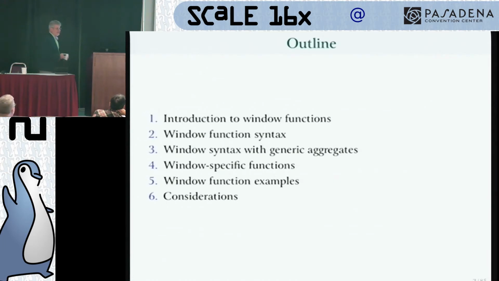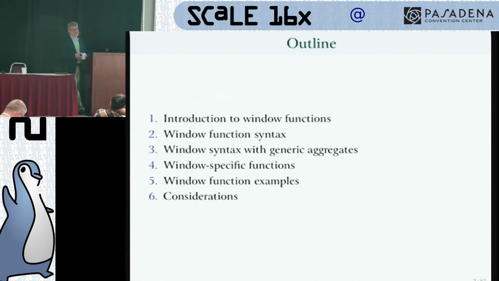Okay, so what are we going to talk about? First, we're going to introduce window functions, what they are conceptually. Then we'll talk about the syntax of window functions, a very similar layout to what we had with common table expressions. Then we'll look at the window syntax with generic aggregates. They may not make sense to you yet, but these are things like sum, count, and average.